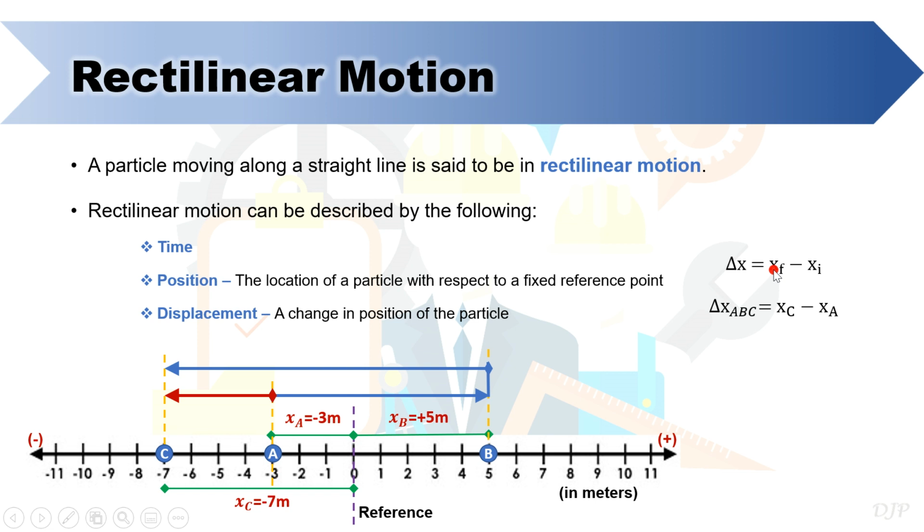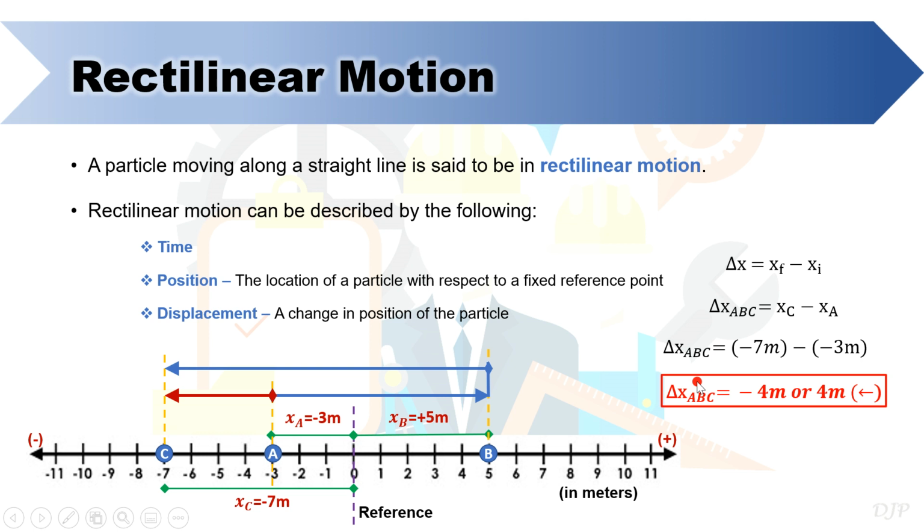So now substituting the values, displacement is equal to -7 minus -3 meters. Don't forget to carry the signs of the position, since we are dealing here with vector quantities. Finally, we can conclude that the displacement of the particle as it travels from point A to point B and then to point C is equal to -4 meters, or 4 meters to the left. So that's displacement.